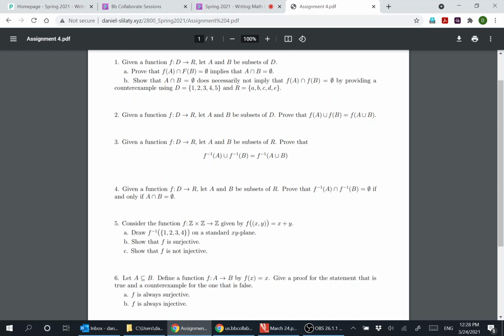Do the pre-image of 1, for example, the pre-image of the set containing just 1, and that should be something that you recognize. And then the pre-image of the set containing 2 is very similar to the pre-image of the set containing 1 geometrically. So you're just going to put all of those pre-images together: the pre-image for the set containing 1, the set containing 2, 3, and 4.